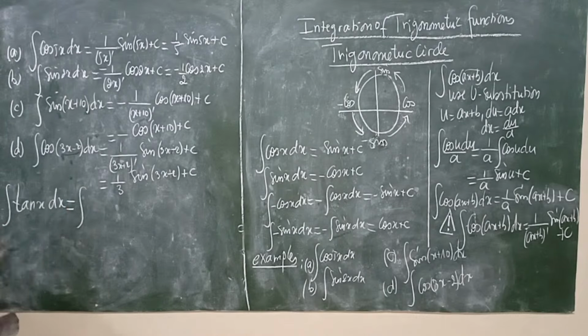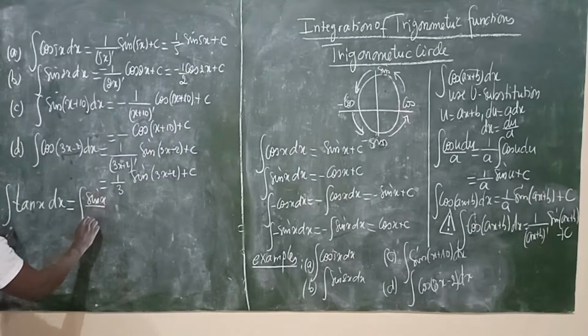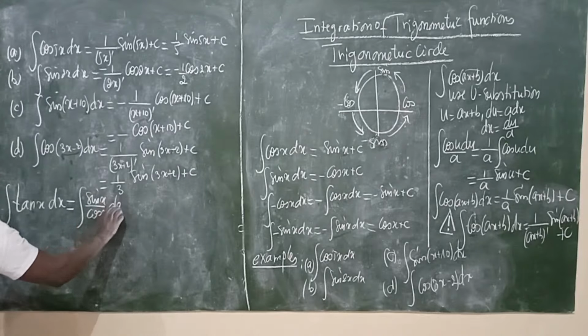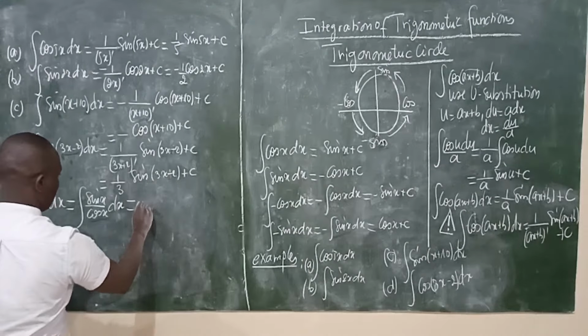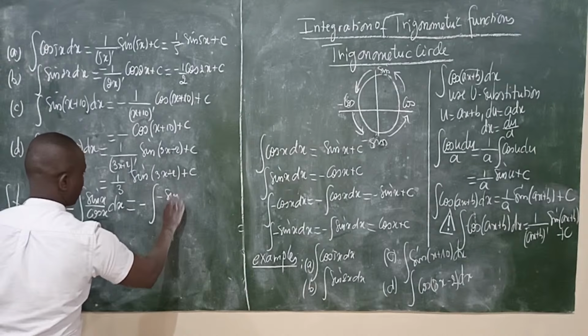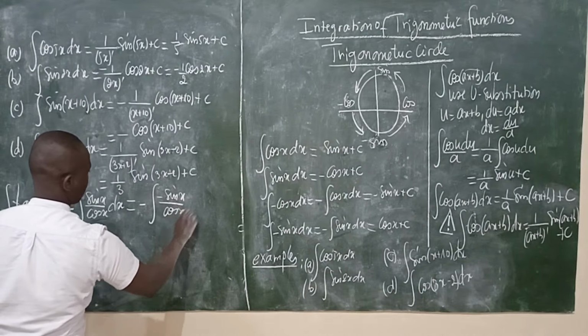Tan x is the ratio of sine x and cosine x. I want to test whether the derivative of the denominator has a strong relationship with the numerator. When differentiating cosine, we get minus sine. That's why this can be minus of minus sine x by cosine x dx.